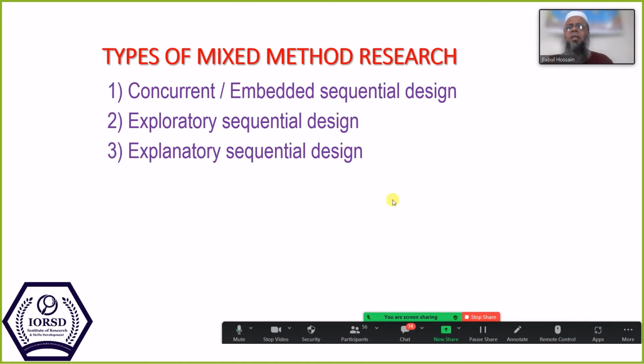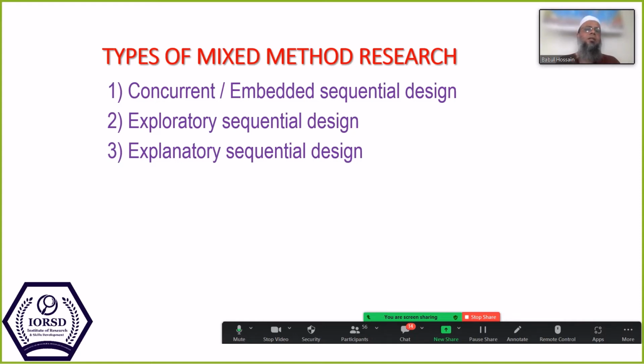And what is explanatory sequential design? The researcher does explanatory research first, going for quantitative research, collecting quantitative data, doing statistical analysis, and finding the results.